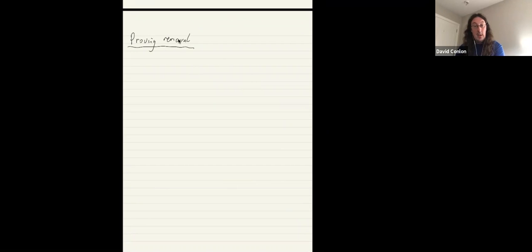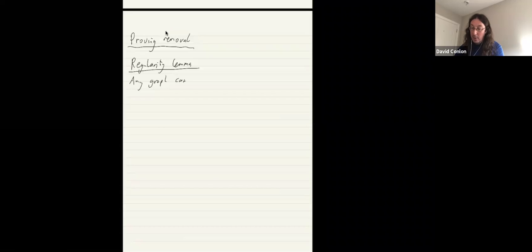And again, probably many of you know this, but a regularity lemma says that any graph can be partitioned into a bounded number of pieces. This is a meta statement, if you will.